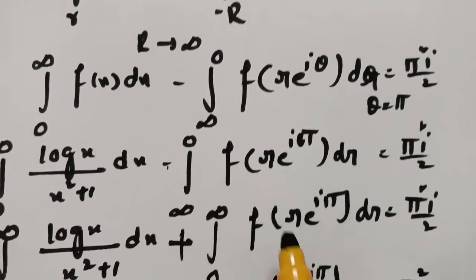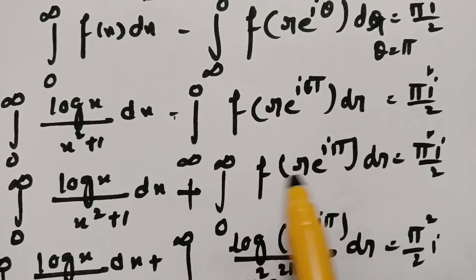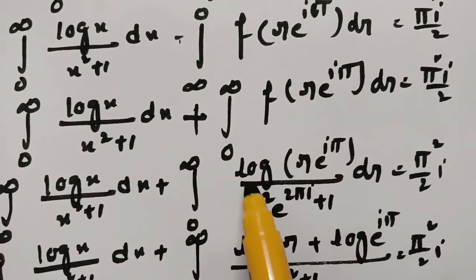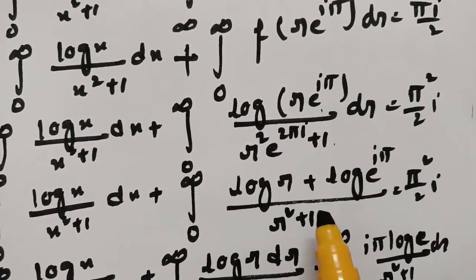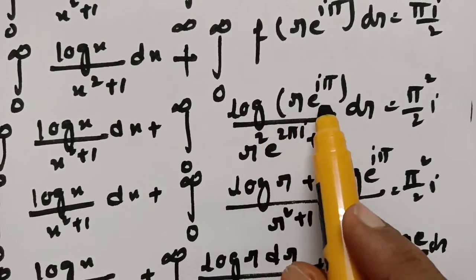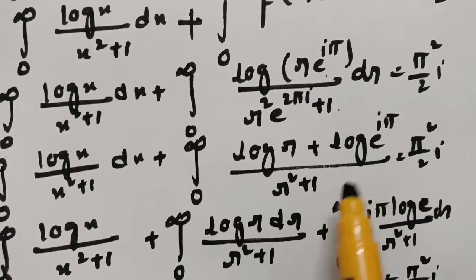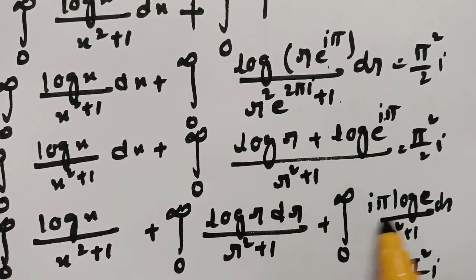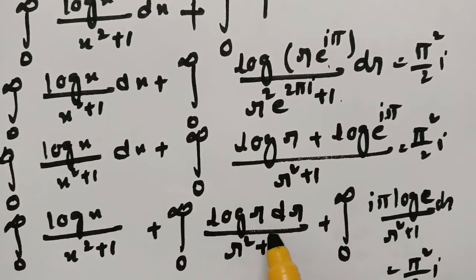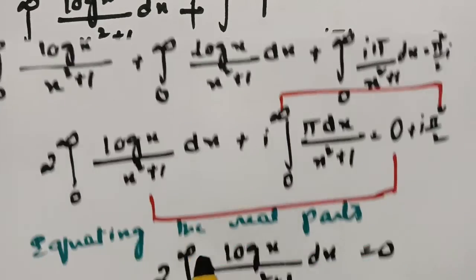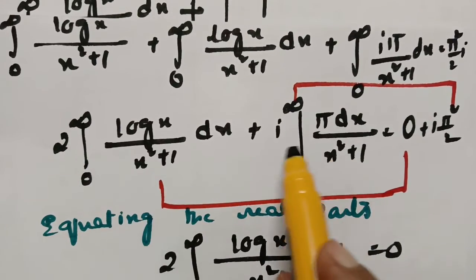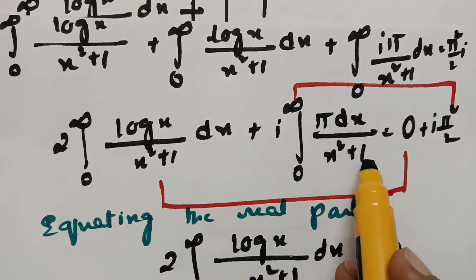If I substitute in the function, that is log z by (z square plus 1), and if I take the modulus, clearly log of ab is nothing but log a plus log b, and if I send it in front, this is i pi into log e, and this is how we have to solve. So this is in terms of r, and I have transformed it in terms of x. If you observe, these two are the same integrals. This is twice the integral of i pi dx by (x square plus 1).